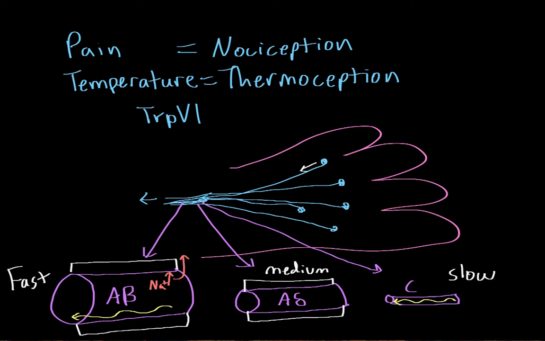So how does pain arise? Let's imagine that we get poked by some sharp object. As this object enters the skin, it causes cells to break open, and when the cells break open, they release a whole bunch of little chemicals. These chemicals diffuse to the nearest pain receptor, the nearest TRPV1 receptor, and activate it.